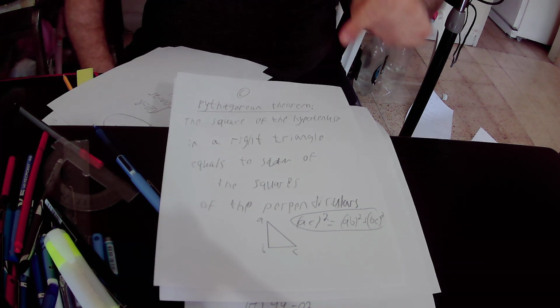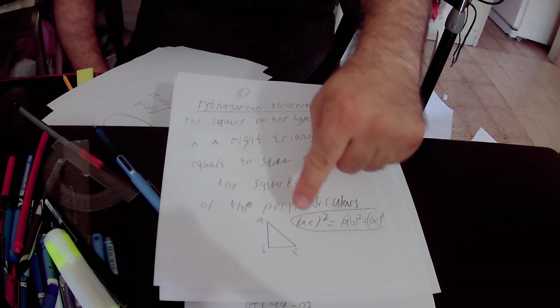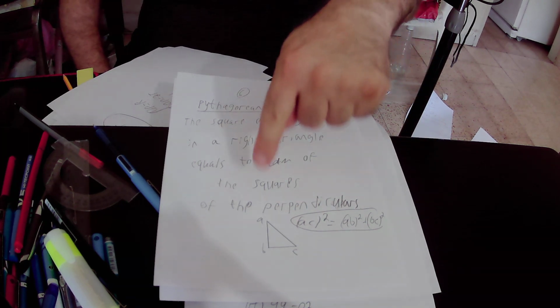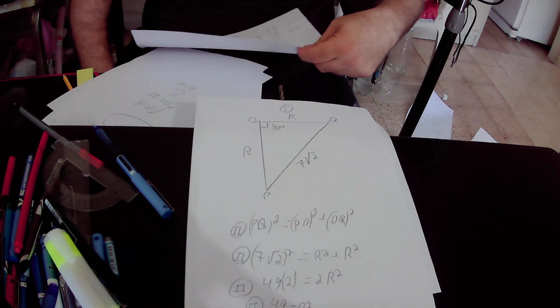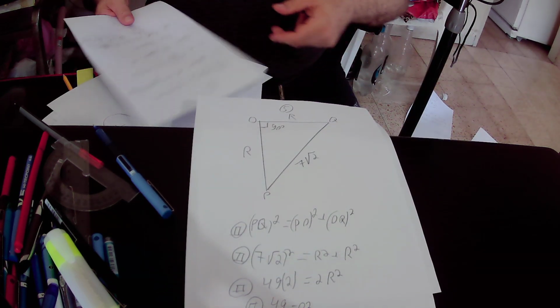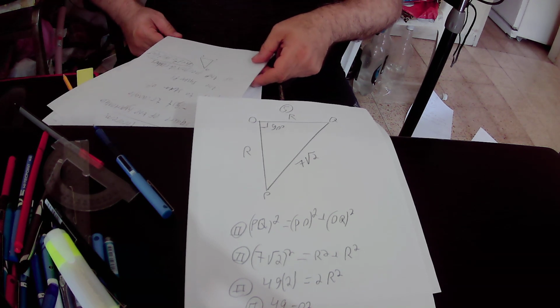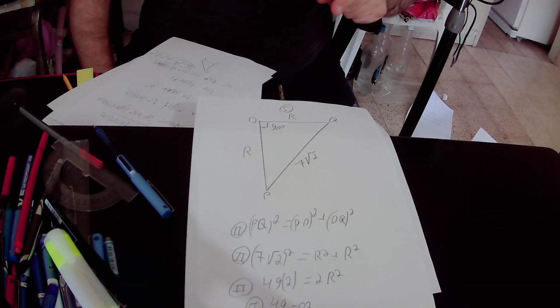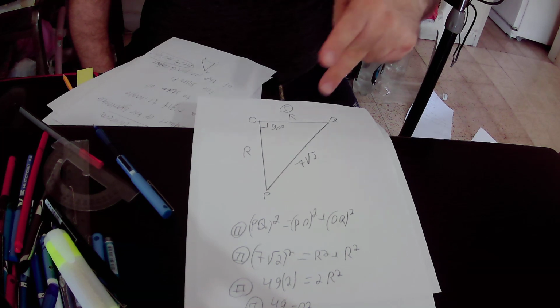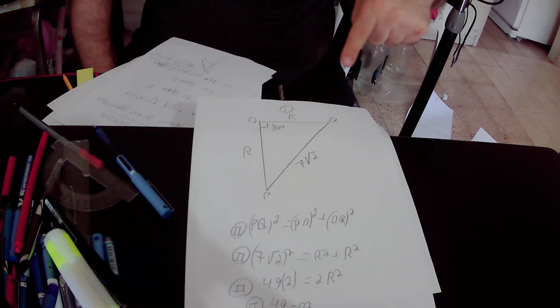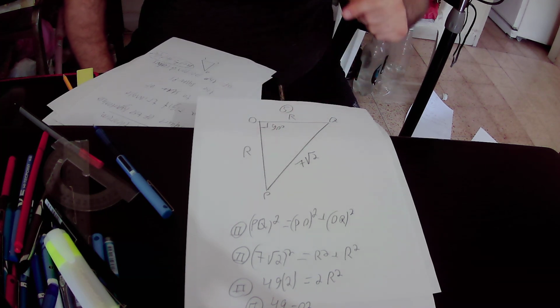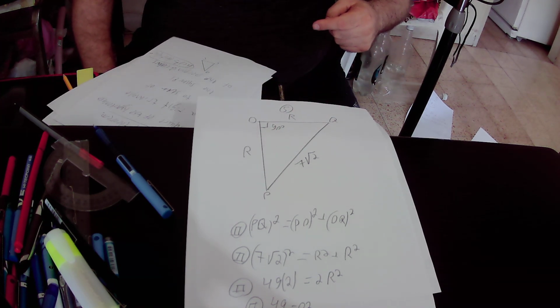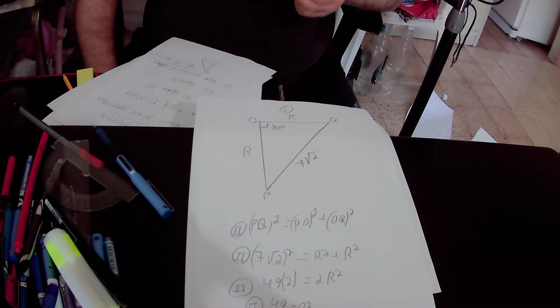So the square of the hypotenuse, that is to say AC square, equals AB square plus BC square. We can implement this rule in our right triangle, and say that PQ square equals OQ square plus OP square, according to the Pythagorean theorem.